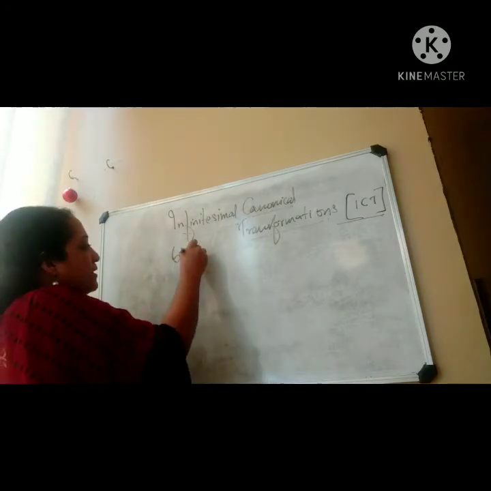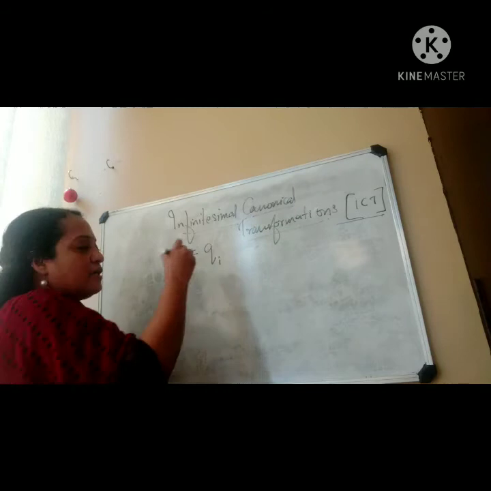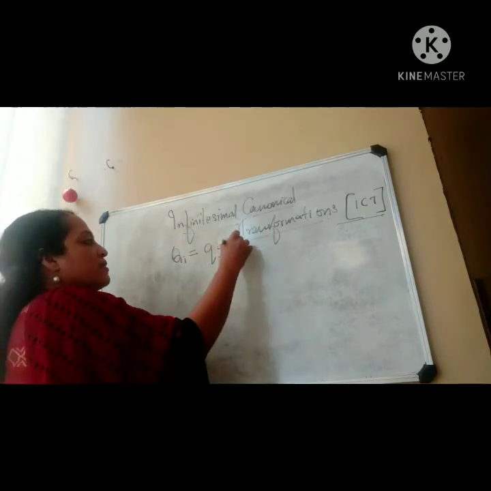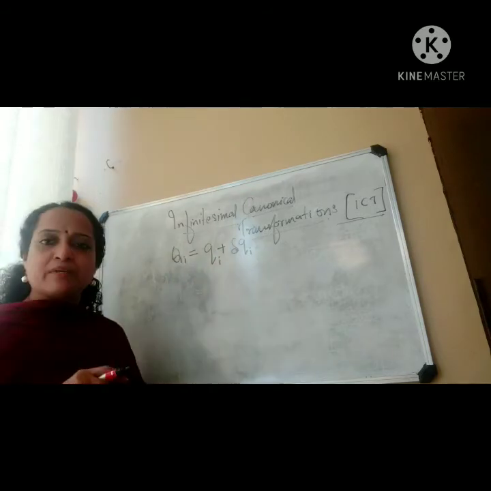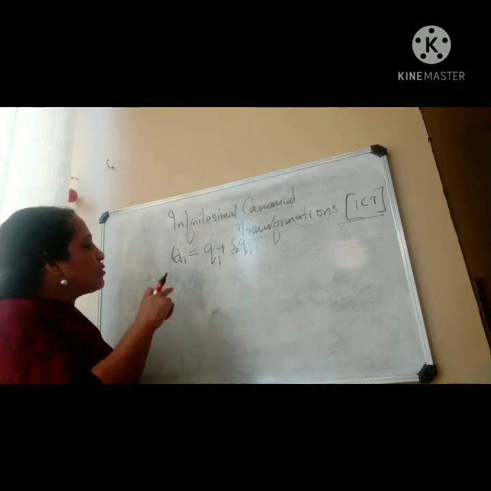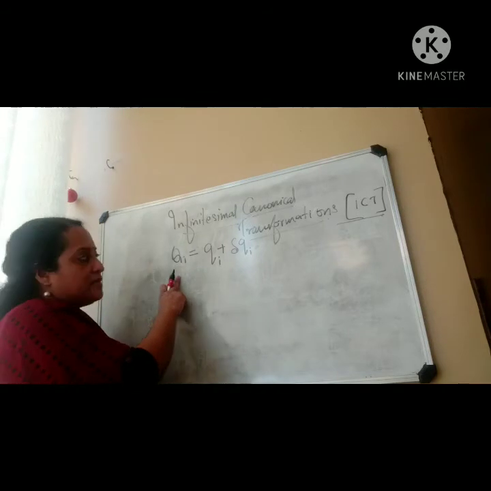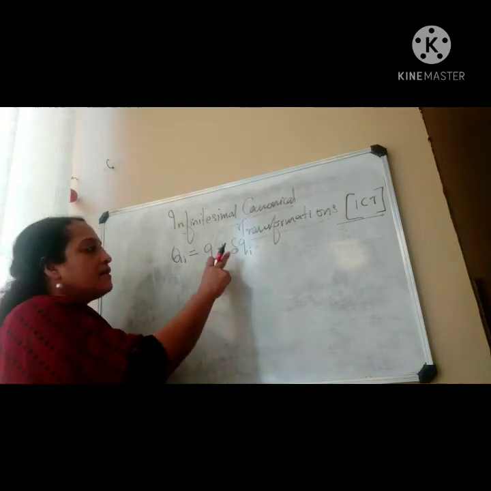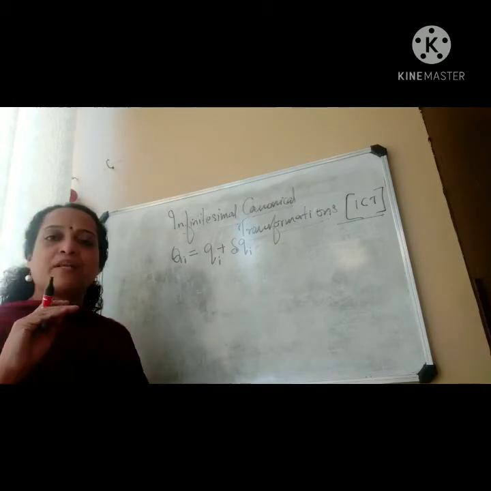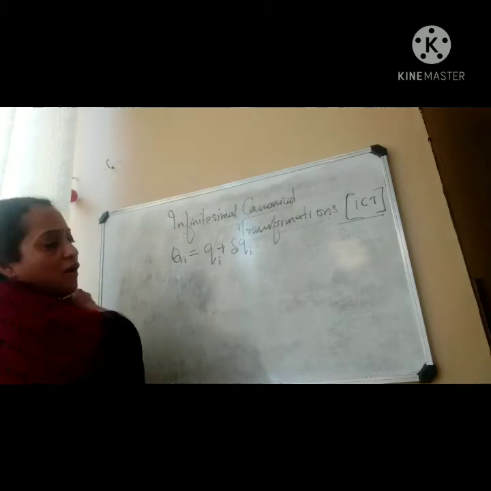Then the new coordinate qi can be written as the old coordinate qi plus delta qi, where delta qi is an infinitesimally small change in the coordinate.